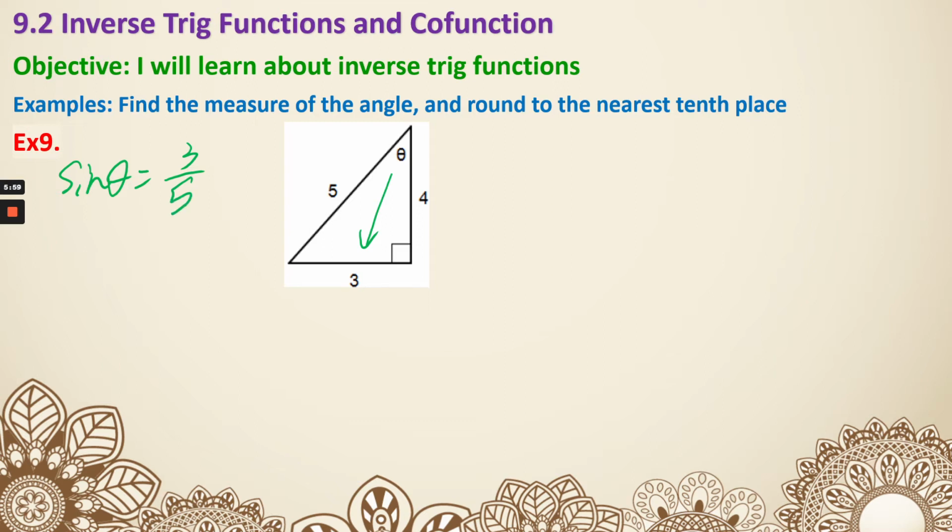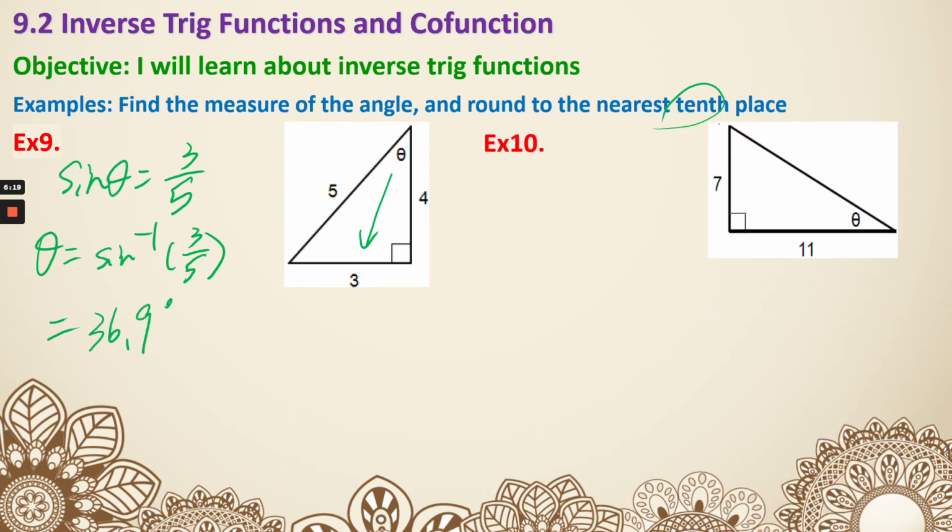Which means if we want to find the angle theta, we're going to do theta equals the inverse sine or arcsine of 3/5. Actually type in your calculator, the question says round to the nearest tenth place, that should give you 36.9 degrees. That's number 9. Next, number 10.